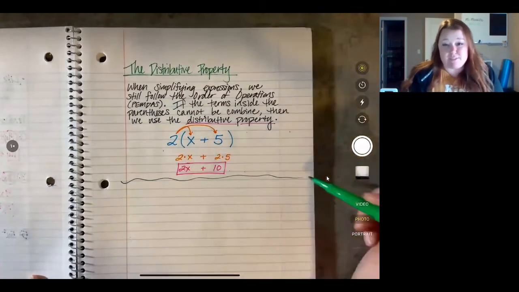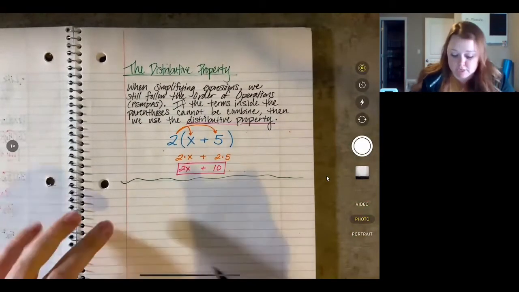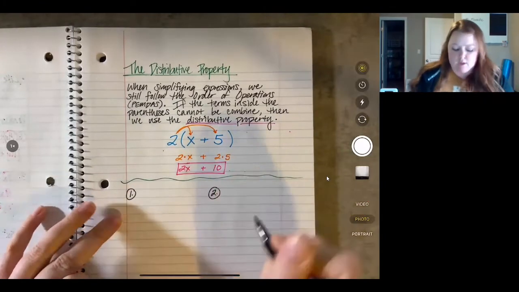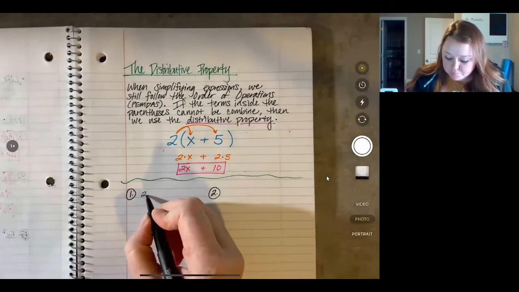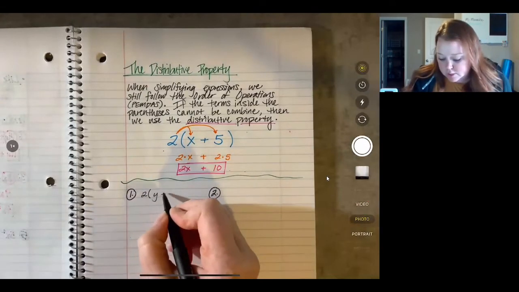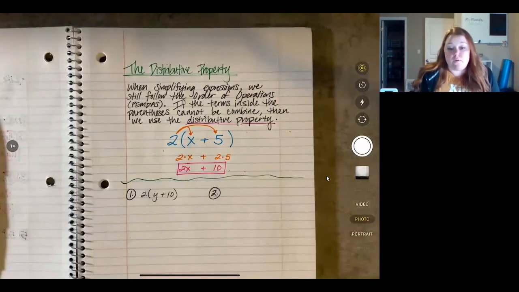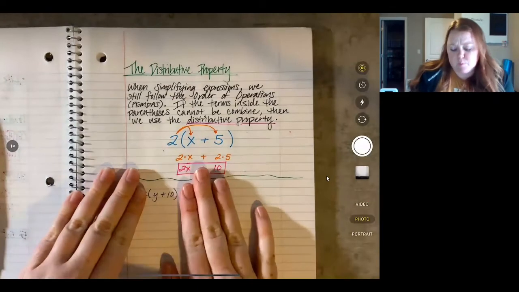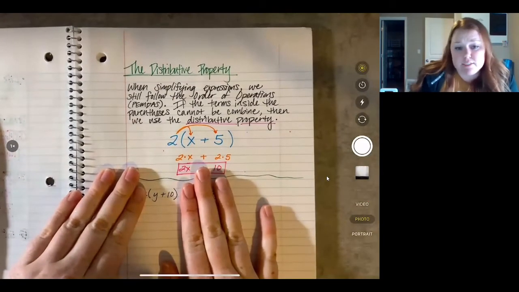Now we're just going to practice because my hope is that this is review. So we're going to practice a bunch of different scenarios. Make sure you remember crazy little kind of weird things too. So let's put a 2 out front. Inside your parentheses is y plus 10. I follow order of operations, parentheses first. I look inside the parentheses and see that y plus 10 cannot be combined. They're not like terms.